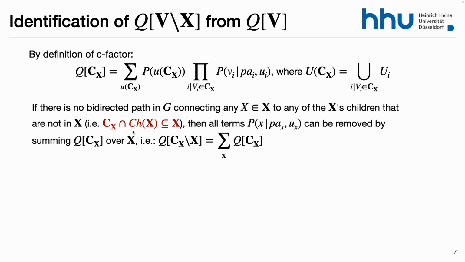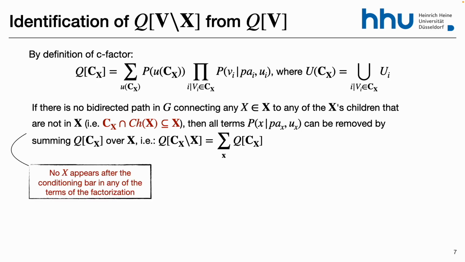So I'm telling you, if you are under this condition here, then what's going to happen is that I'm going to compute the C components of all the X's, and this is going to include only the X's and things that are not children. So the children of the X's are going to be in different C components. So the point here is that under that condition, we will have the fact that the X's are not going to appear after the conditioning bar in this factorization here.